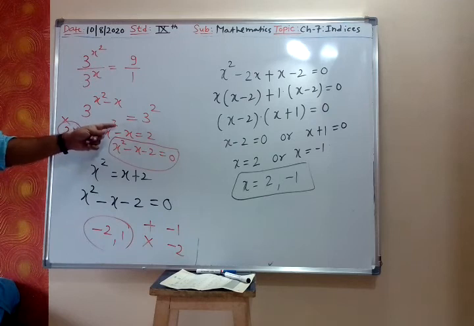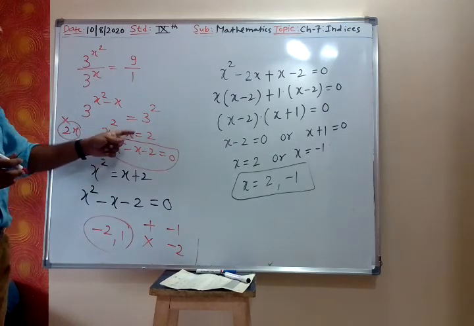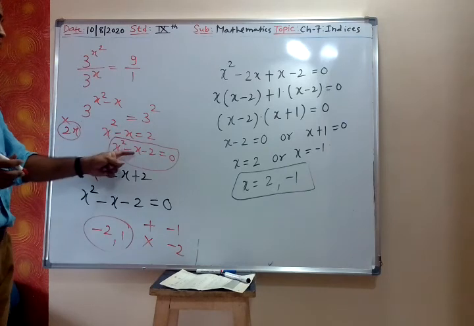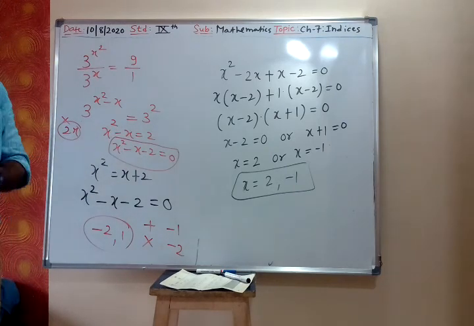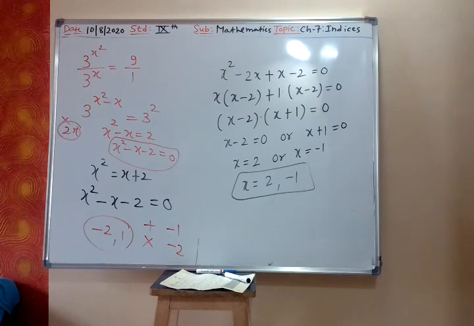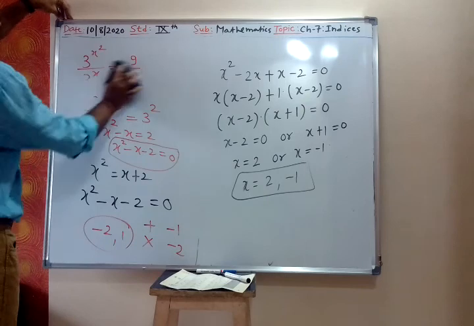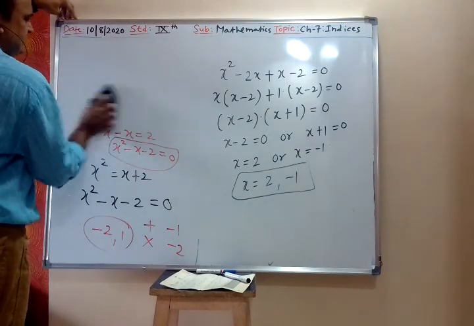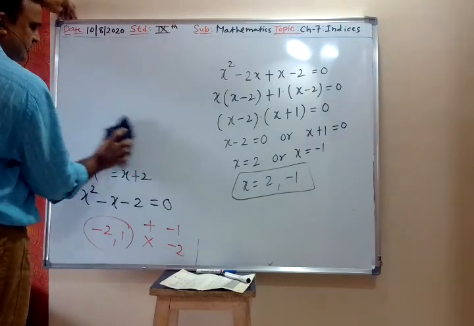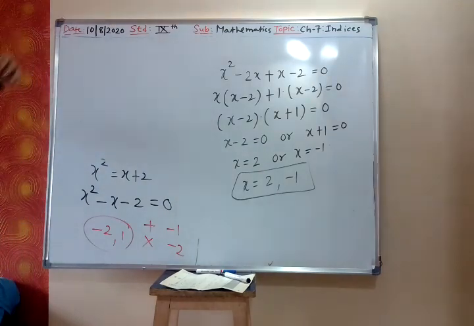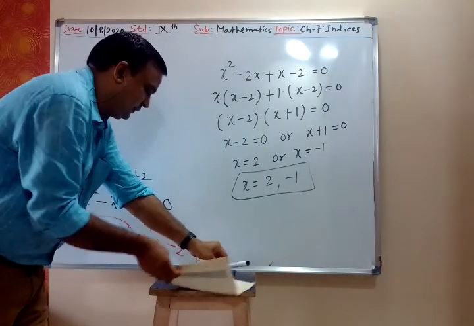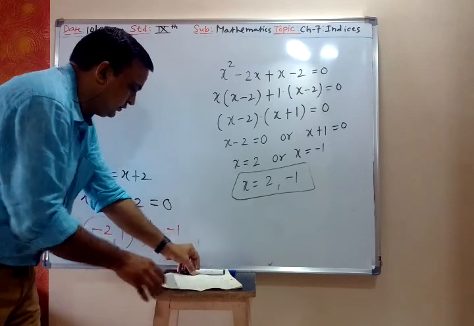So x square minus x is equal to 2, and x square minus x minus 2 is equal to 0. You get the same quadratic. Is it clear? Whichever way you take, you will get the same quadratic. Now let us solve the fourth one.